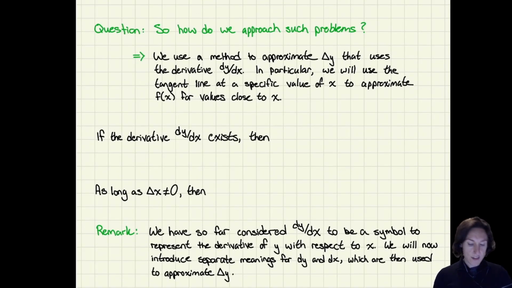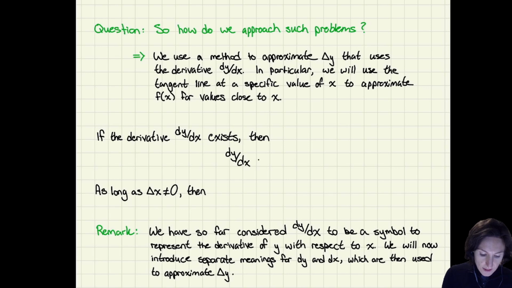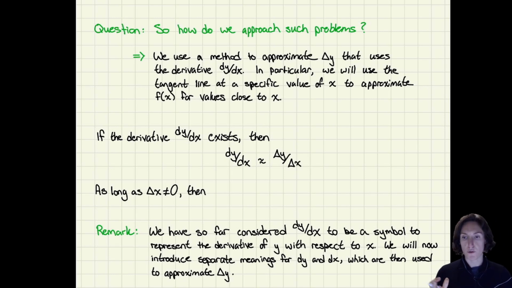So if we have that a derivative exists, this dy dx, then what we can say is that this rate of change is roughly going to be equal to the ratio of the change of y divided by the change in x. It's like rise over run.